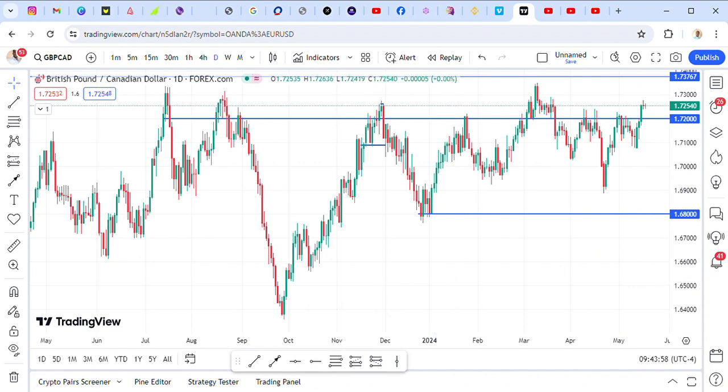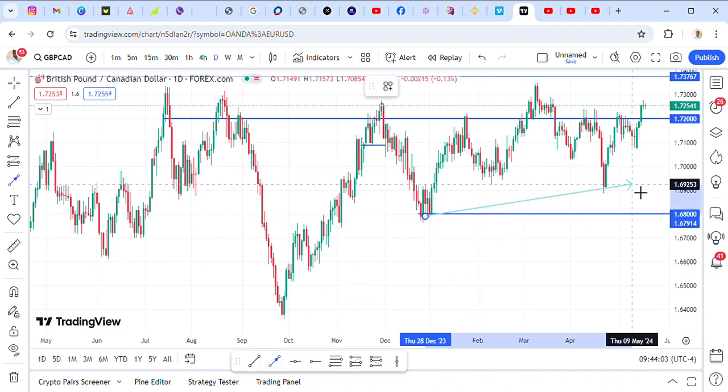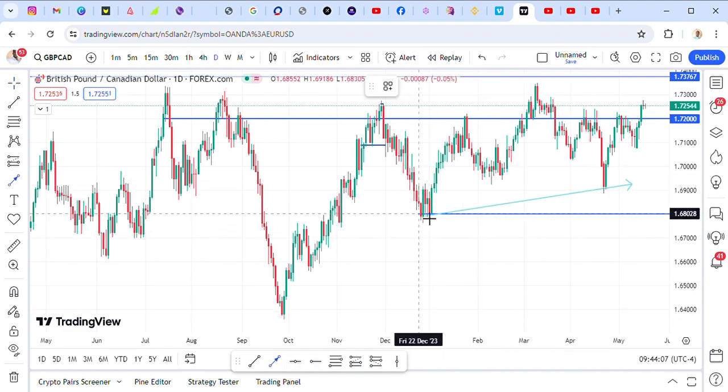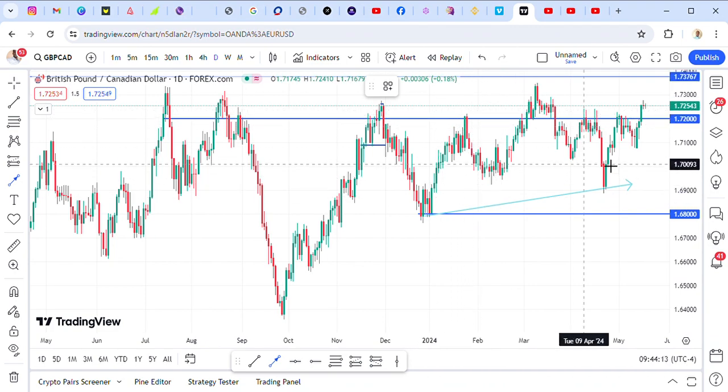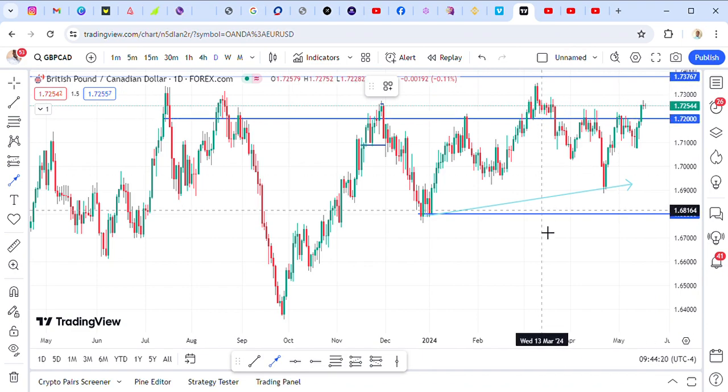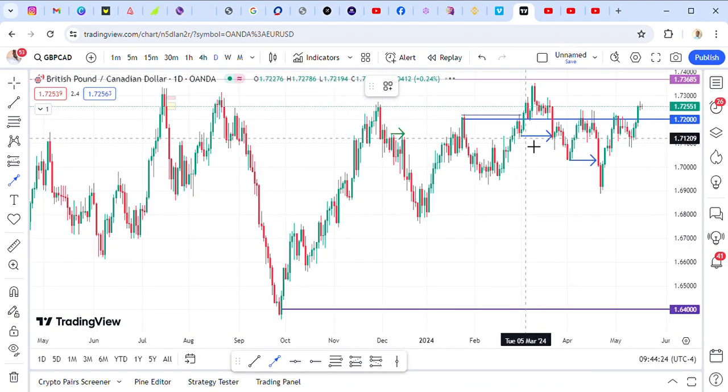One thing I notice is the inducement here. Price made a high and then dropped to this level, and then this particular level raided it and started going up, hence more confluence for a buy.